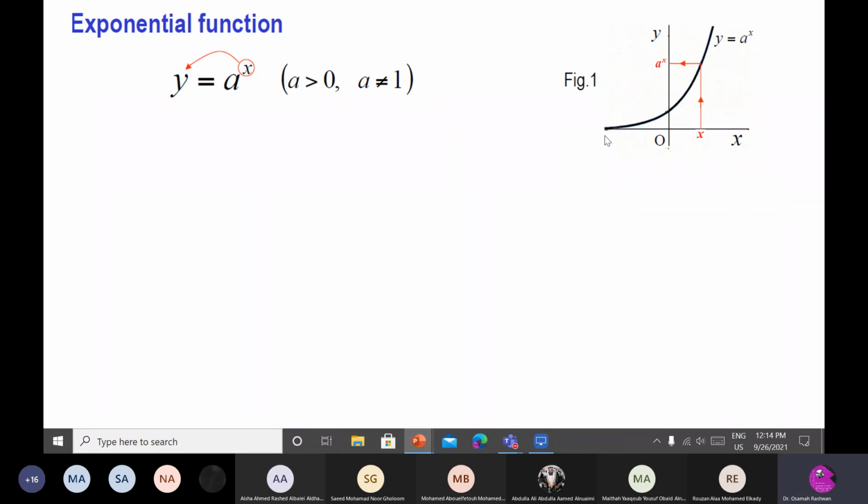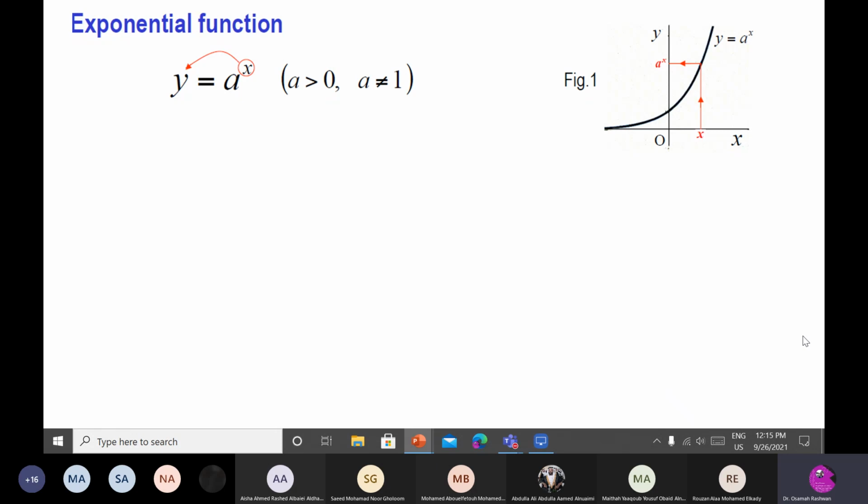So it has a horizontal asymptote. Do you remember the horizontal asymptotes? Yes. But it doesn't have a vertical asymptote because it is not rational, and also it has no zero for the denominator, right? But it has a horizontal asymptote because when x tends to minus infinity, my function goes to 0. Okay.